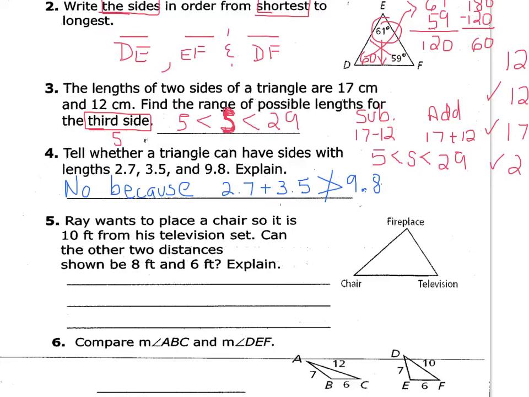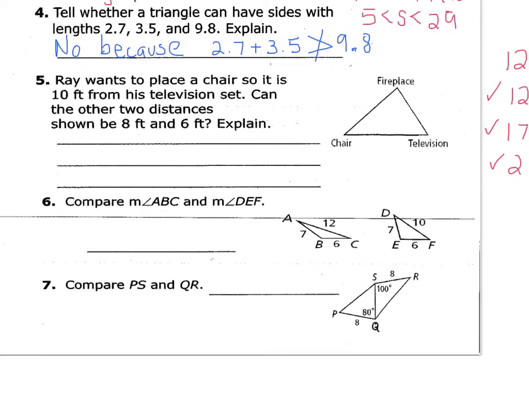Okay, now problem number 5, it's one of those that you can test. It says Ray wants to place a chair 10 feet from the television set. So I'm going to put that number, 10 feet, from the chair to the television. The question is, can the other two distances shown be 8 feet and 6 feet?